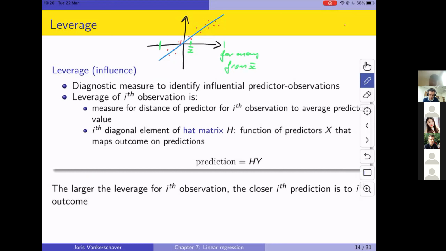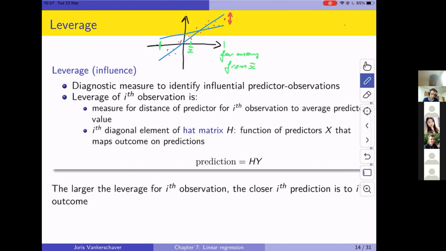And if I take a point here with an X value that's far away, and I wiggle this point up and down a bit, then you can see that wiggling that point up and down is going to cause the regression line to wiggle up and down by a relatively large amount. So if I move that point a bit downwards, then maybe I'll end up with a regression line that looks like this.